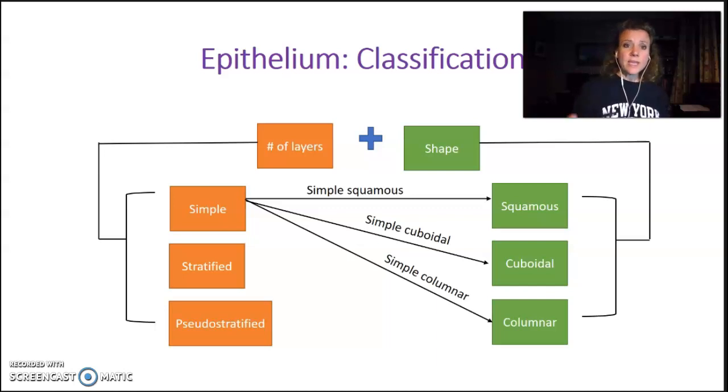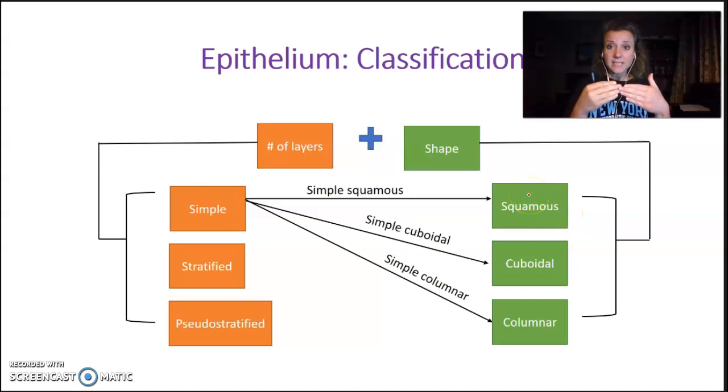We can have one layer of cells, which we call simple. We could have multiple layers of cells, which we call stratified. And we can also have something called pseudostratified, which I'll explain a little bit later. As far as shape goes, we could have squamous, which means that the cells are scale-like.